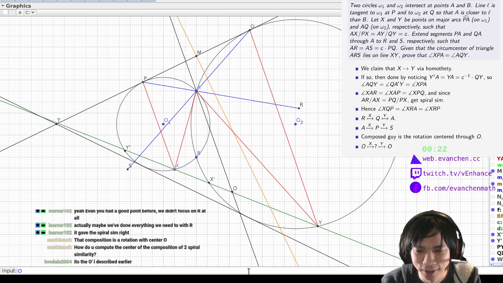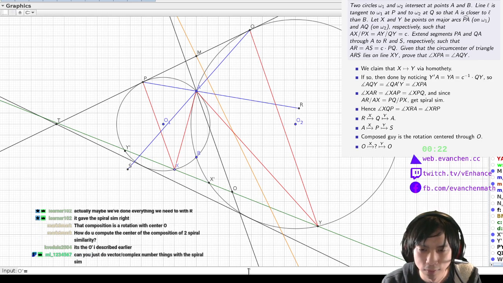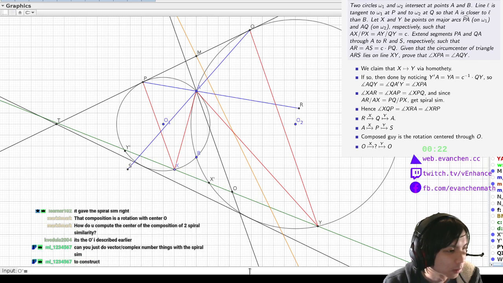How do I construct it? Can you just do complex?